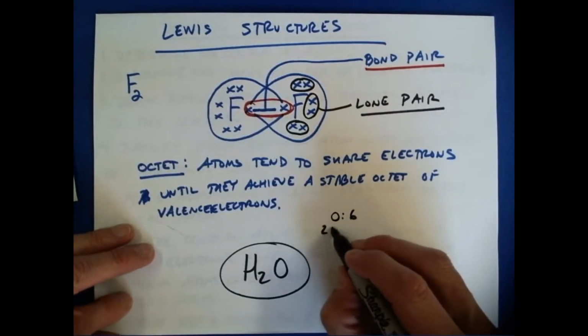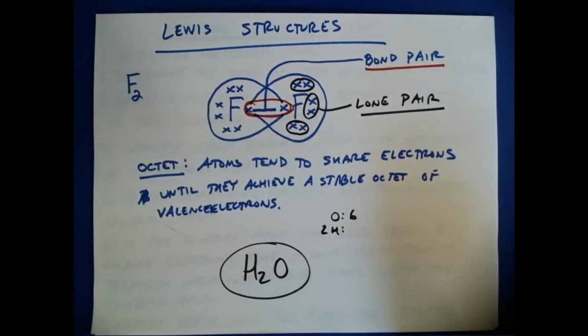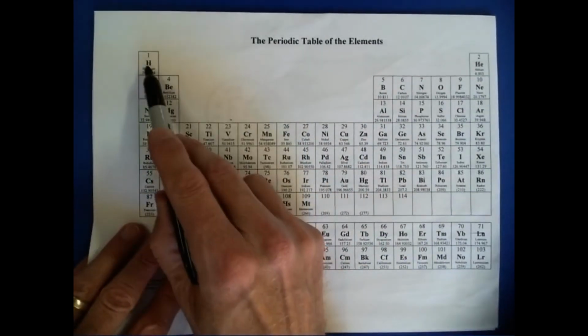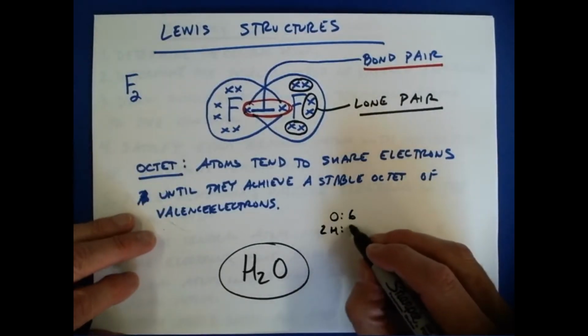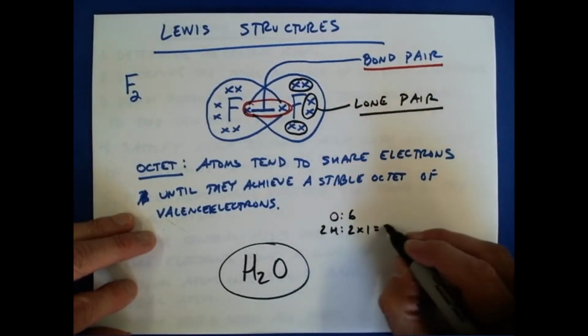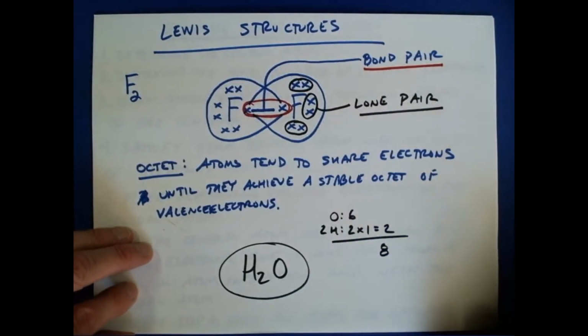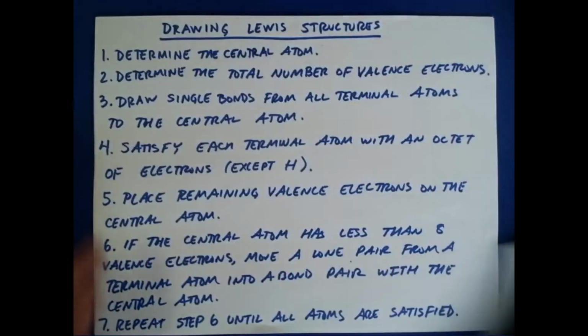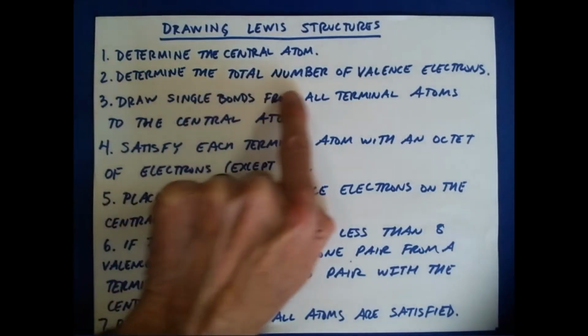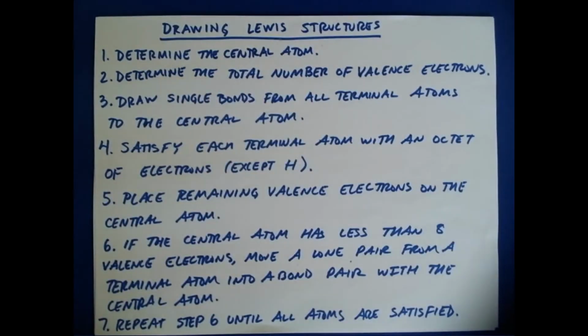And then we have 2 hydrogen atoms, and each hydrogen atom is going to provide 1 valence electron. So it's going to be 2 times 1. And we'll add those up for a total of 8 valence electrons. And we've taken care of the second step. We've determined the total number of valence electrons in water.